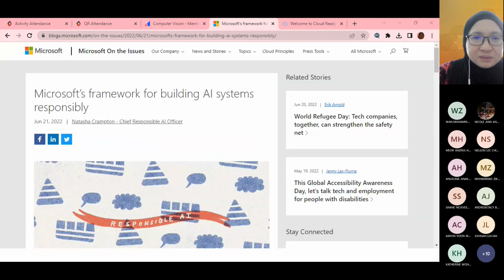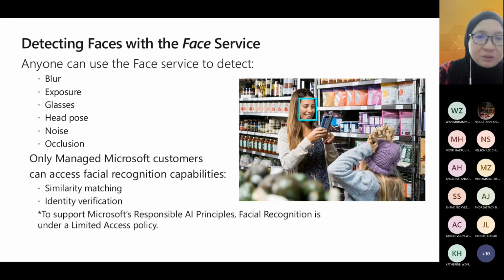So anyone can use face recognition and face services to detect the location of faces in an image. In one image, you can trace the faces. Since this girl, we can see only the back side of her.